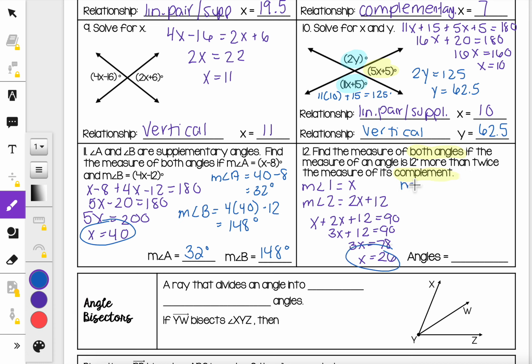So the measure of angle 1, that one's nice and easy, that's just 26 degrees. The measure of angle 2 is going to be 2 times 26 plus 12, which is 64 degrees. So the 2 angles here are going to be 26 degrees and 64 degrees. Again, you can add them up and make sure when you add them you get 90 degrees, which in this case you do.